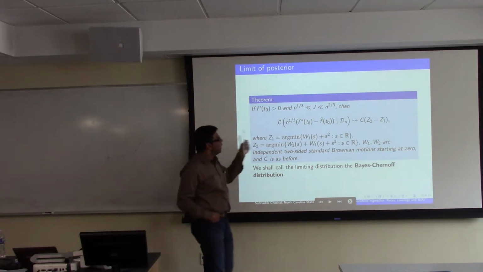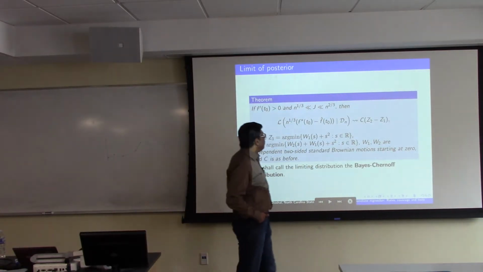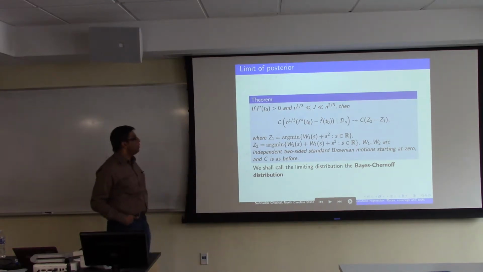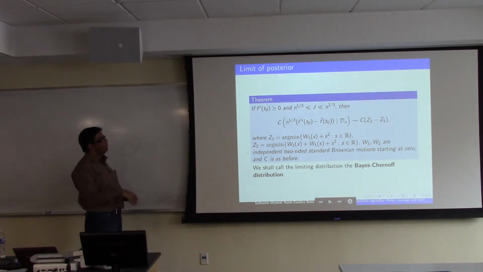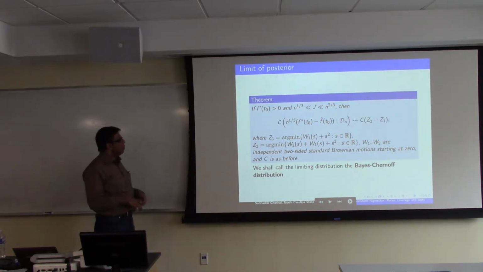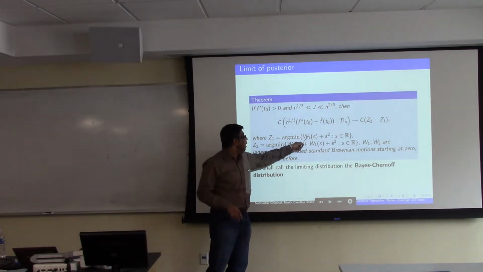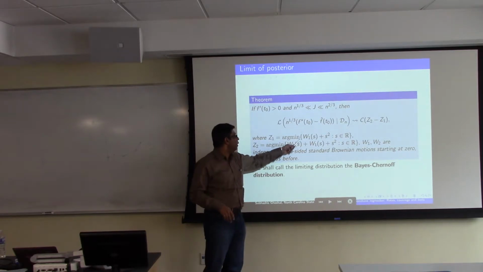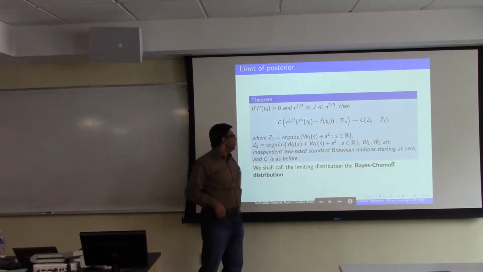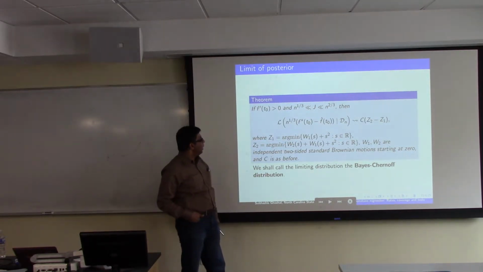It's the same C that appears there, times a random variable that is not quite what we have for Chernoff, but instead this one. Let's call Z1 the argmin of W1(s) plus s squared, that's the Brownian motion with parabolic drift.